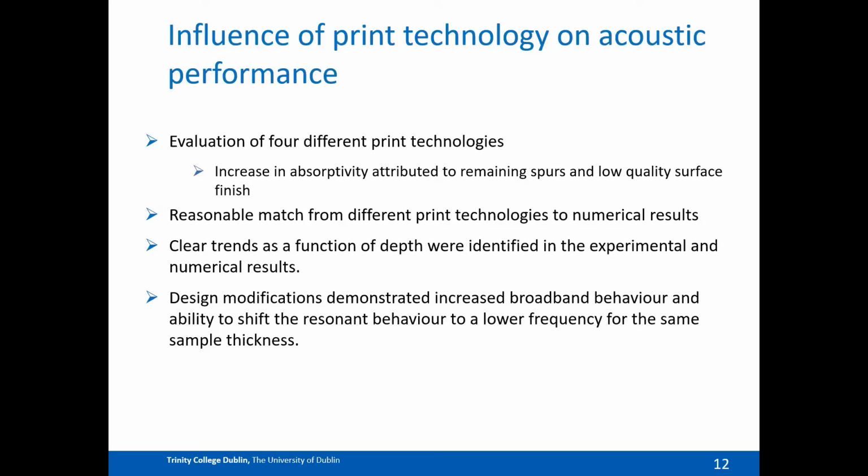As part of this, 4 different technologies were evaluated against numerical results, and there was good agreement, also against other work given by the COST action. It enabled us to assess different printing technologies against each other and to see that there are deviations, dependent on geometric tolerances and surface roughness, but they provide quite a reasonable match.